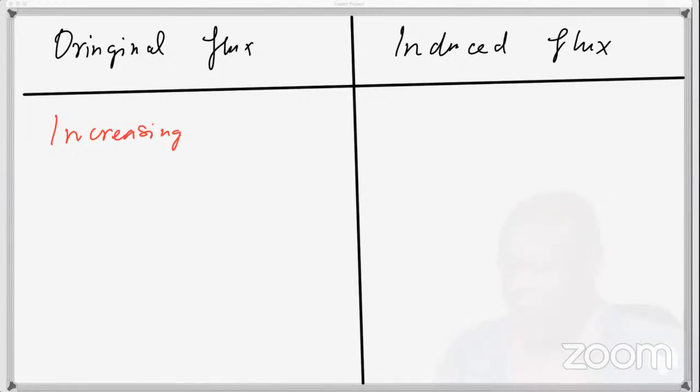How do you oppose an increasing quantity? You go against it.